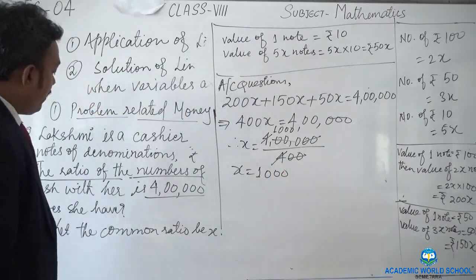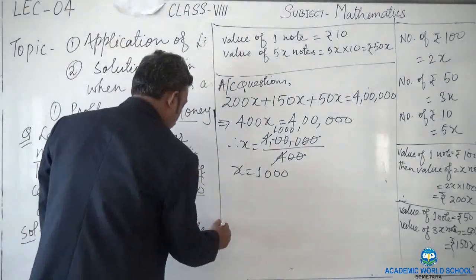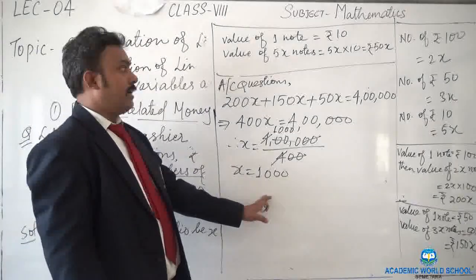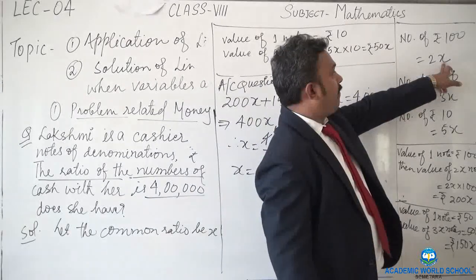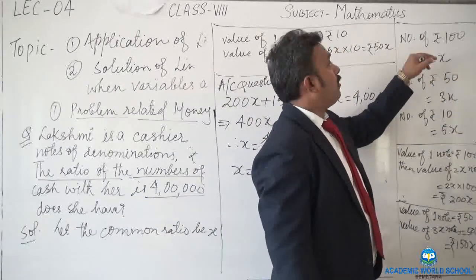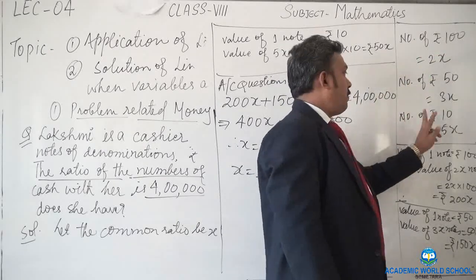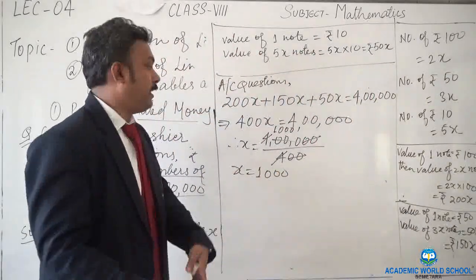Now the common ratio we got, x, is 1000. If you put the value of x in all these three places, you will get the number of rupees 100, rupees 50, and rupees 10 currencies. Their numbers you will get.